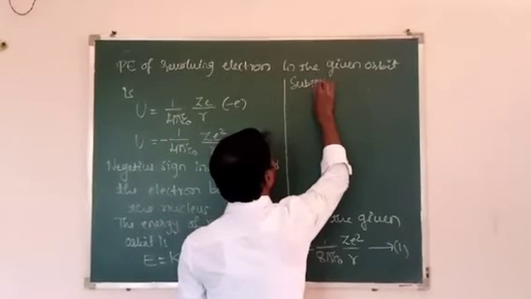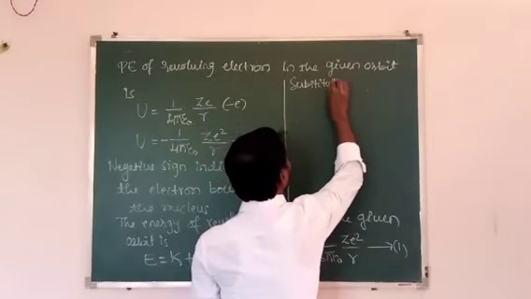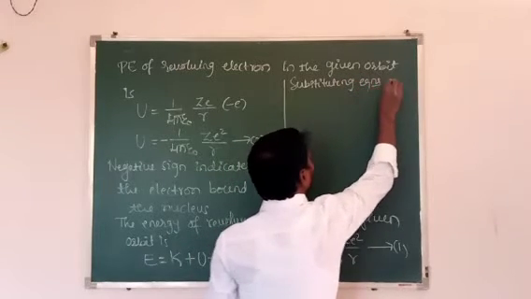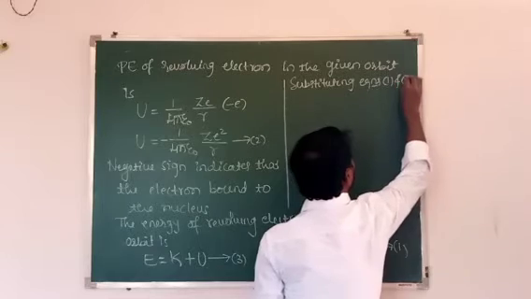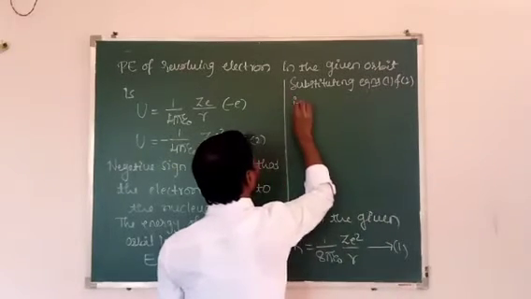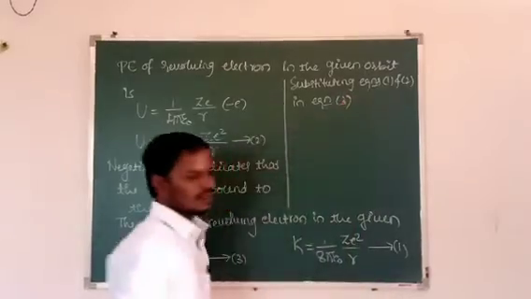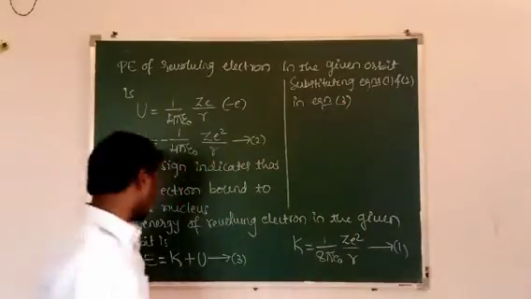Substituting equations 1 and 2 in equation 3, then we get energy of the electron in the given orbit.